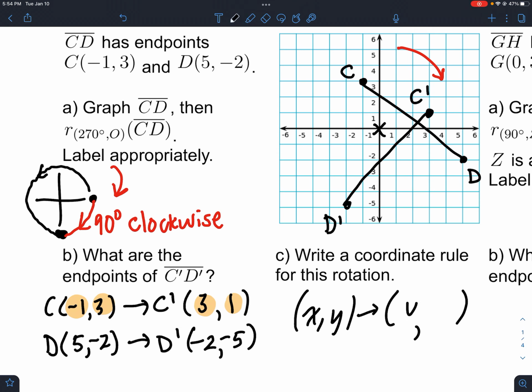So I know that the y is going to go here and the x is going to go here. In terms of the signs, it seems like the y stays y. And the y stays a y. There's no sign change, but this -1 and this 5, they do get their sign flipped. So I want to bet that that's the rule.